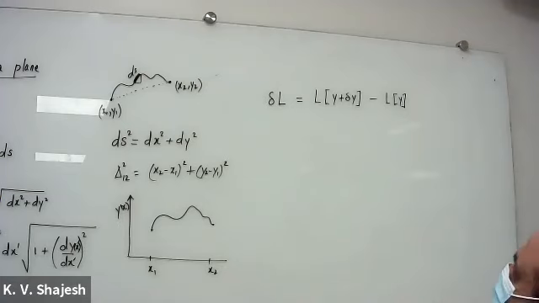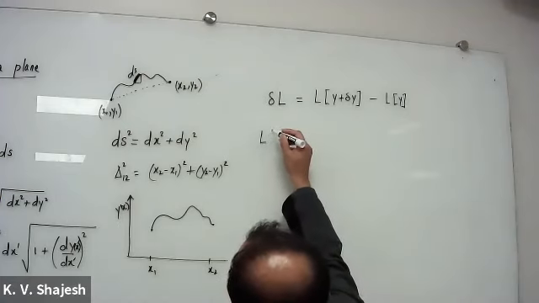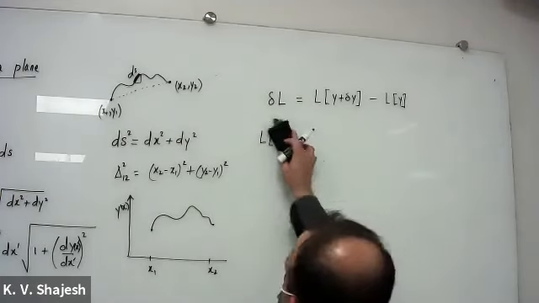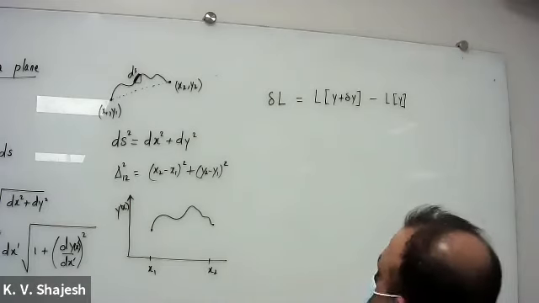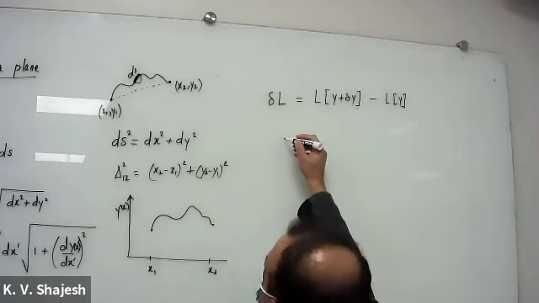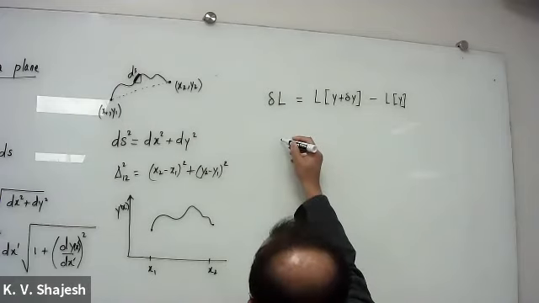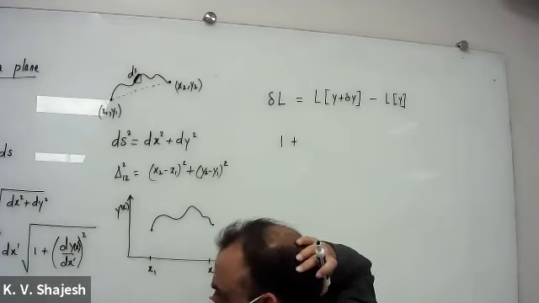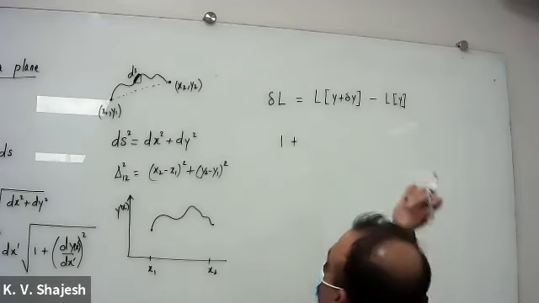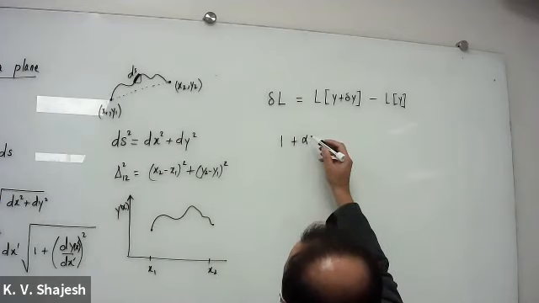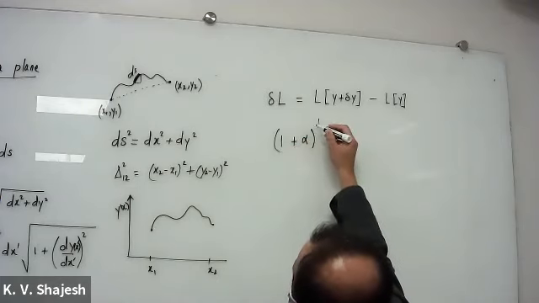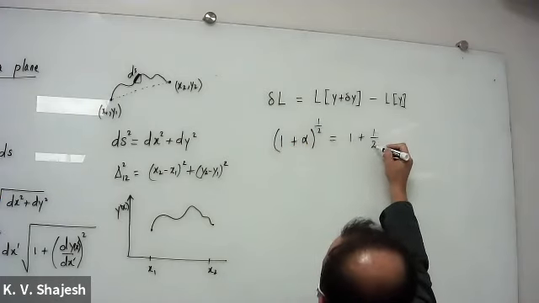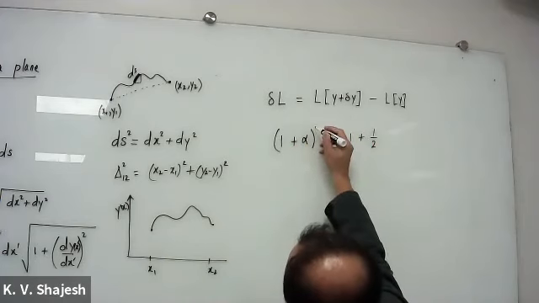Maybe I should do one more step, for completeness. Remember, we have a square root there, so we have 1 plus some quantity. Should I write x? X could be confusing. 1 plus alpha raised to n is equal to 1 plus n alpha.